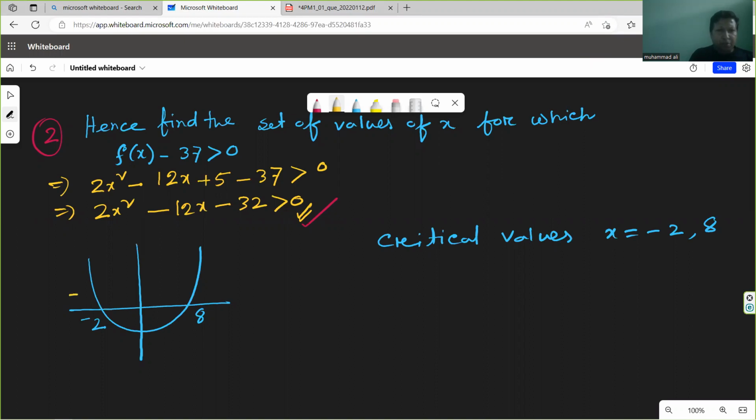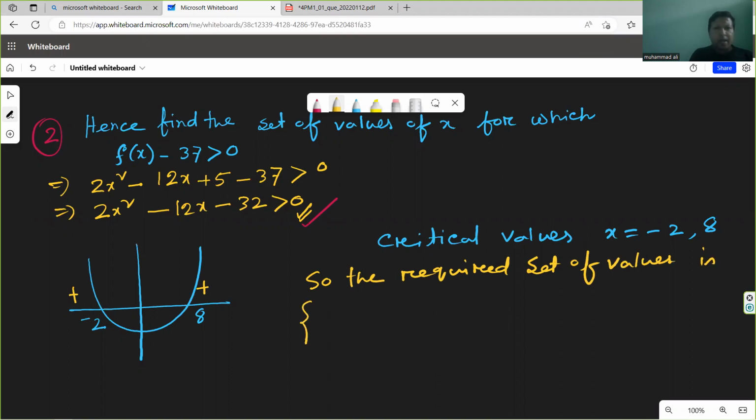Here the curve is positive, here the curve is positive. So the required set of values is x less than minus 2, second bracket close, union x greater than 8.